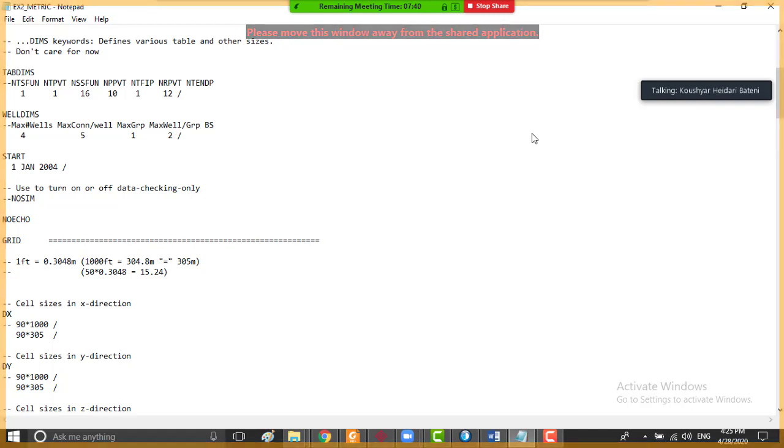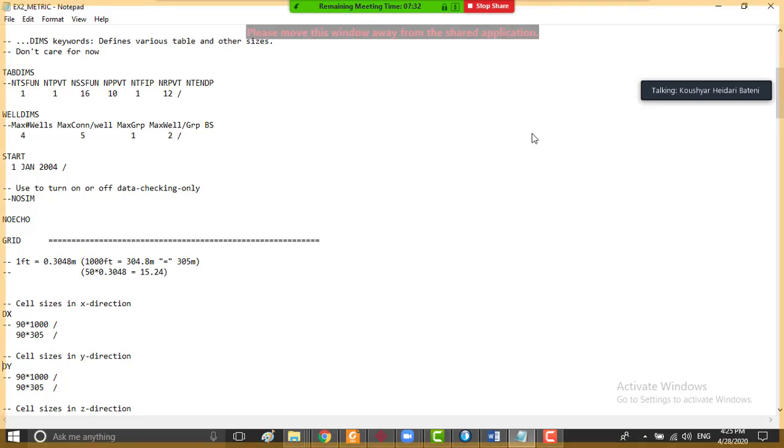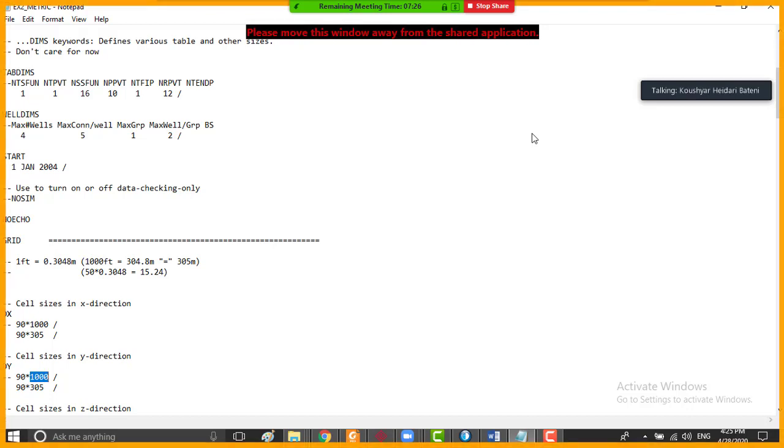I also have decided that the length of each block in the y direction has to be equal to 1000 feet. So I have to write 1000 feet 90 times. So I write 90 times 1000 feet.